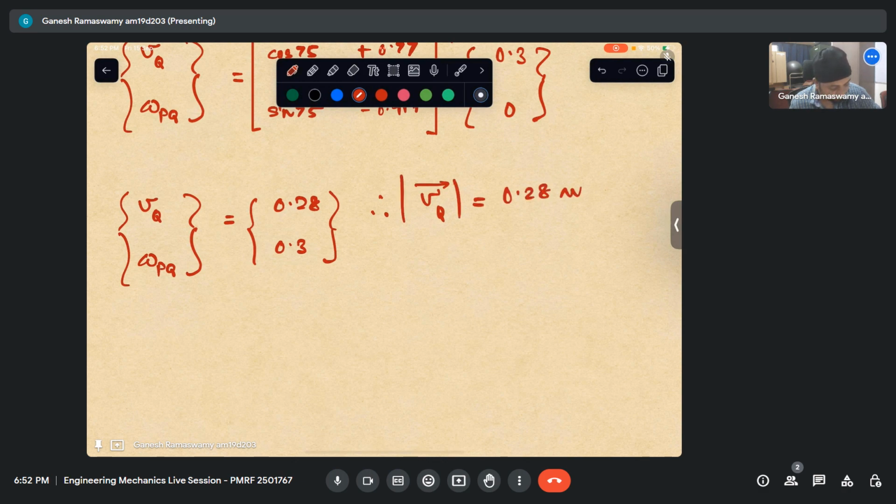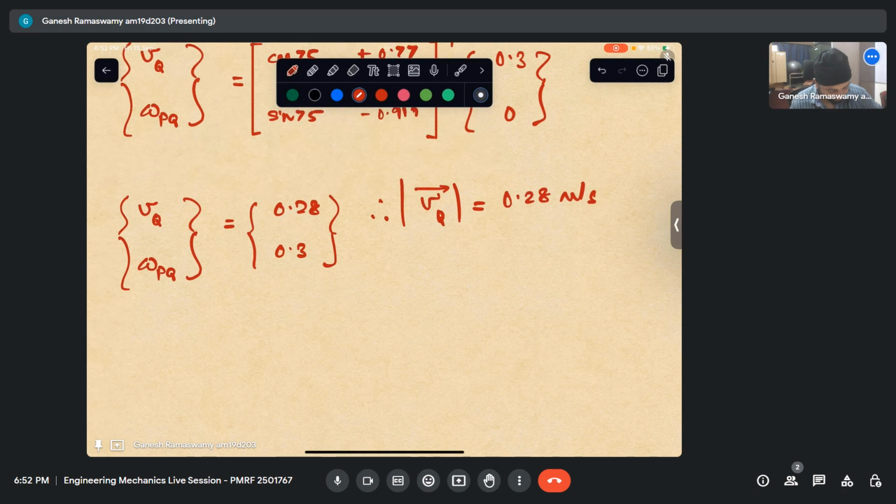And omega is nothing but 0.3 k cap in radians per second, because we have got a positive answer. A positive answer does not imply that it is anti-clockwise. It implies that whatever direction we took initially is correct, which we have taken as anti-clockwise.